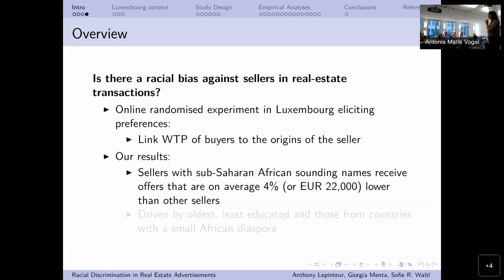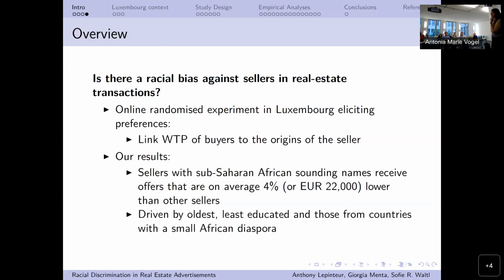So this is the main result, but there's also a lot of heterogeneity in there, and we can actually show that there's one group that is discriminating the most.